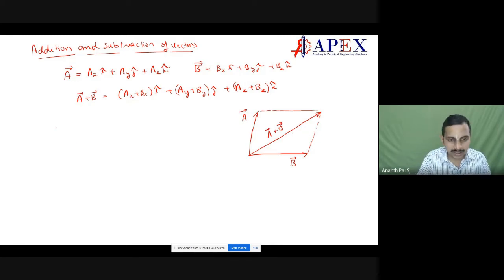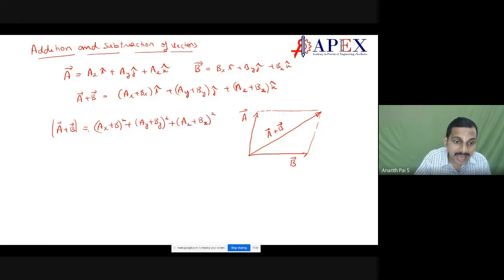What does that mean? It means that the magnitude of A plus B is equal to the square root of (ax plus bx) the whole square plus (ay plus by) the whole square plus (az plus bz) the whole square. That is equal to the magnitude of this particular thing.